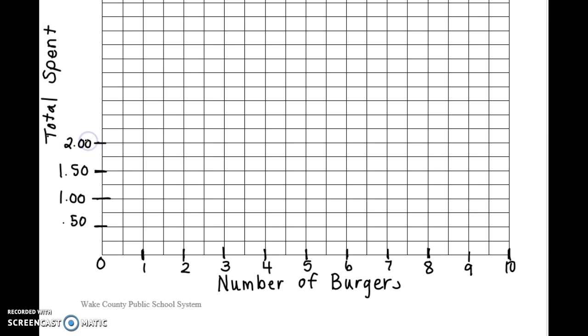I think I have enough that we can do that. All the way up to $10? No. What's the max cost that we had? We didn't spend $10. $5. So we should have enough. Hopefully. Again, notice how we are putting our number right beside a line, not a space.